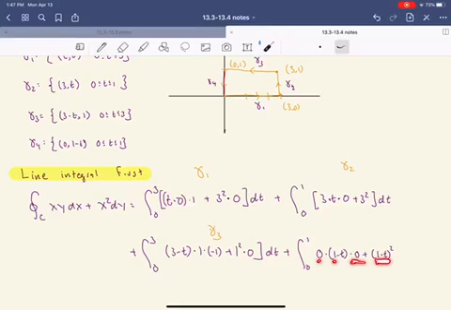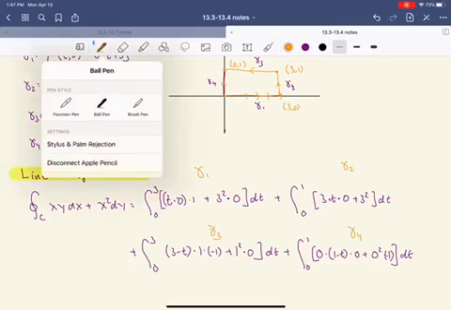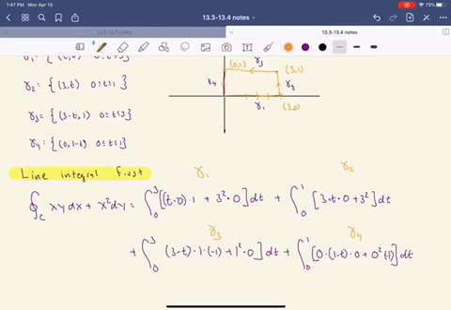I keep forgetting it's x squared, times 1 for the dy dt, and actually negative 1, but it's not going to matter because it's going to be 0 anyway. I don't have to do all these integrals. This one's clearly going to be 0, and this one's clearly going to be 0.